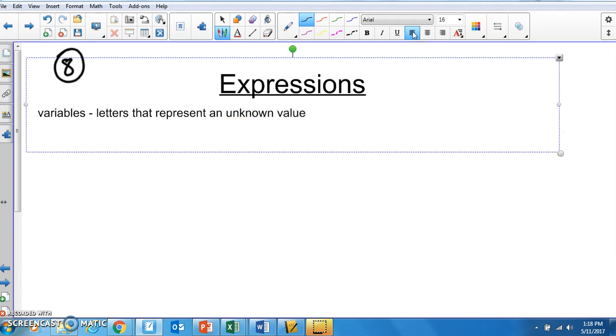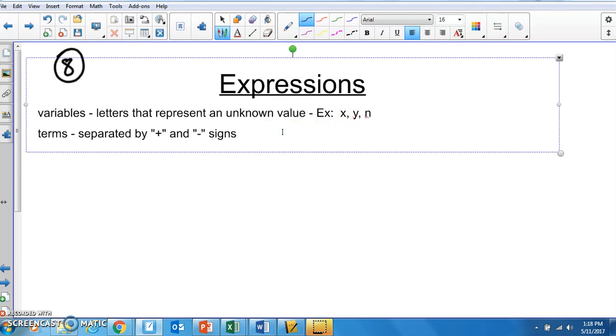All right, that leads us now into terms. Terms are separated by addition and subtraction signs. Before we go on, I do want to give a couple examples. Examples of variables would be x, y, n.